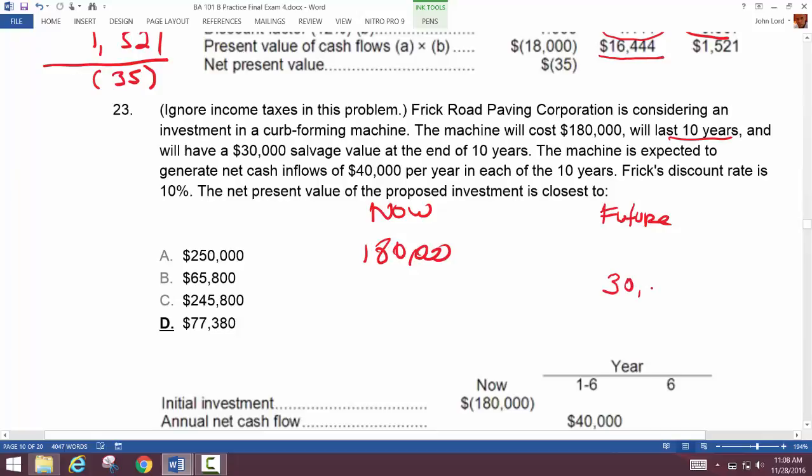Okay, so we need to turn that into our present value factor to bring it to now. So the present value factor, which table do I go to? Present value of $1 table. Okay, and it's what, 10 years at 10%?